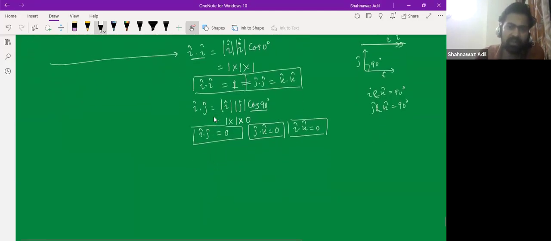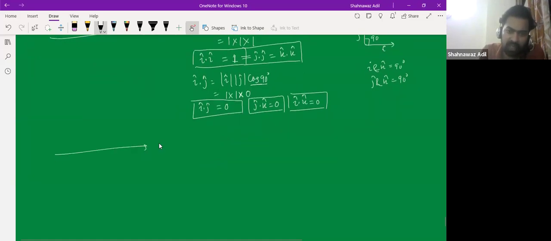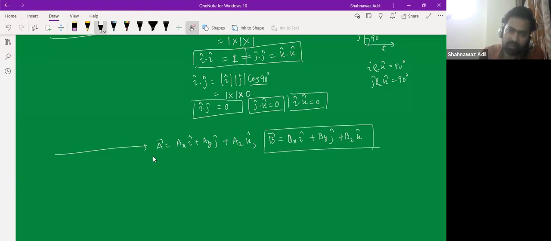If I have the vectors, let's say A vector, which is AXI plus AYJ plus AZK, and B vector, which is BXI plus BYJ plus BZK, and I want to find the dot product between these two.